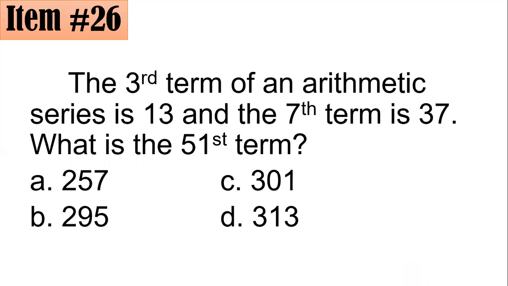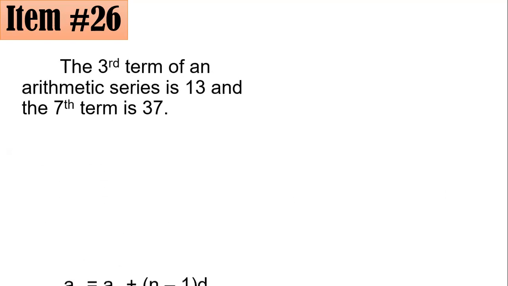To answer this question, we can utilize the formula for the nth term of an arithmetic sequence, that is, a sub n equals a sub 1 plus n minus 1 times d. Since the third term is 13, we substitute n with 3.